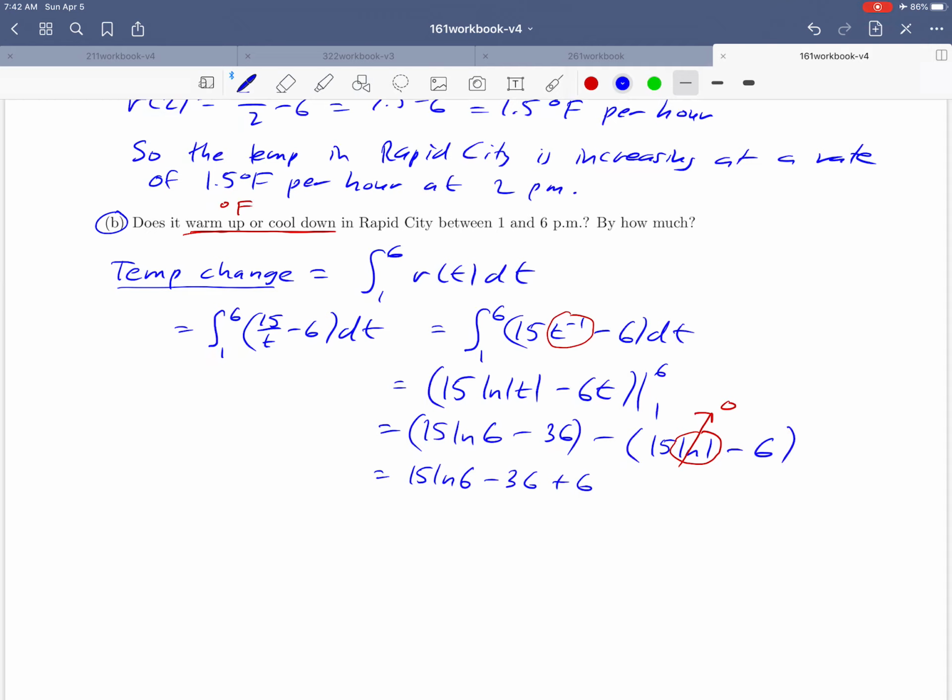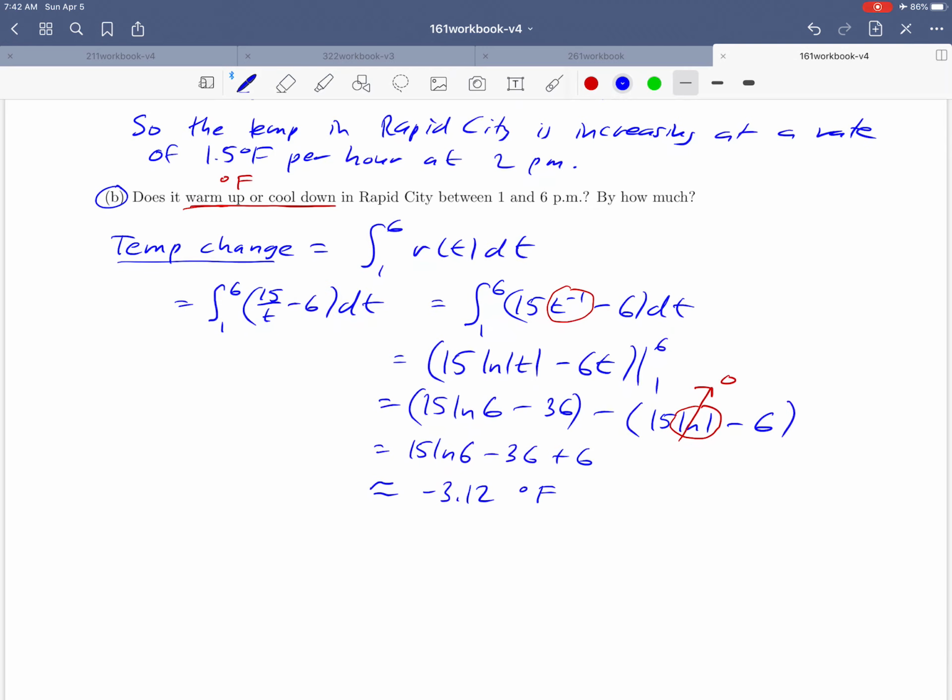From there, this is a job for your calculator, and what comes out is about negative 3.12. Remember the units here are degrees Fahrenheit. We integrated the rate of change in degrees Fahrenheit per hour and got the total change in degrees Fahrenheit. So what's the answer to our question?